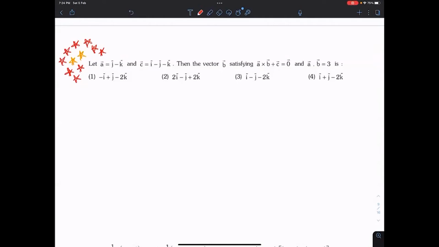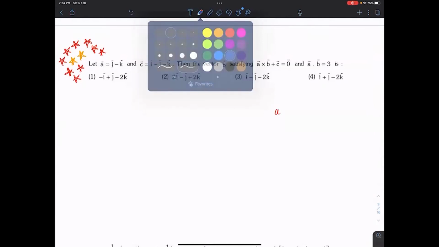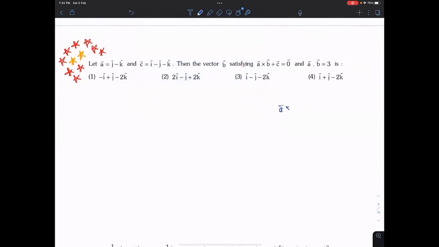Okay. See, the point is like this. To solve this question, you should know what is vector triple product. Let me write down A bar cross B bar cross C bar. So what is the formula here? Outer dot product, first A bar dot C bar into inner vector B bar, minus next inner dot product A bar dot B bar and whatever is remaining, that is C bar.